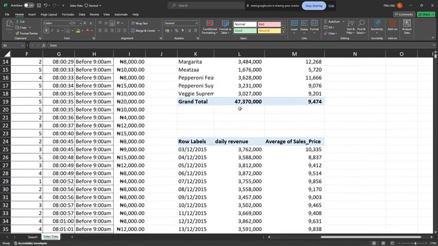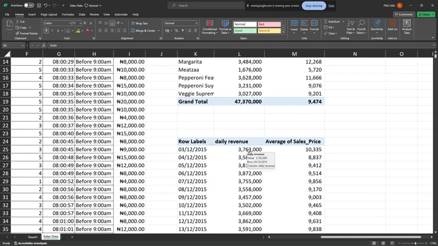Okay. So what I'm saying is this grand total, they are the same thing, obviously, but I want you to see it differently. This one is as a result of the pizzas that were sold, and this is as a result of the amount that was made daily. This is the daily revenue. A lot of transactions occurred on the 3rd of September, but the total of all transactions that occurred for the 3rd of September is this.